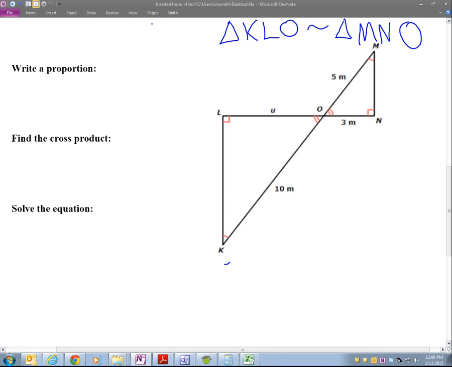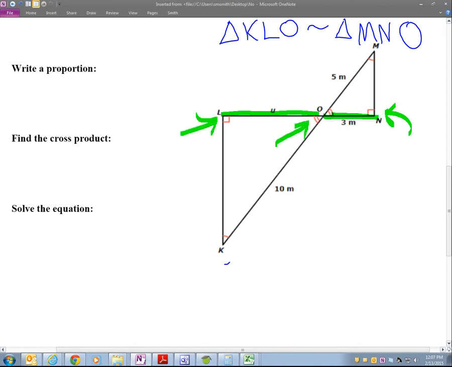We have similar sides here, and I'm going to identify those. We have the small side that's right next to the 90-degree angle. So what side is the corresponding side for NO? That would be LO, exactly, because it has one side with the right angle, and I can see that. This side has one corner with the right angle.